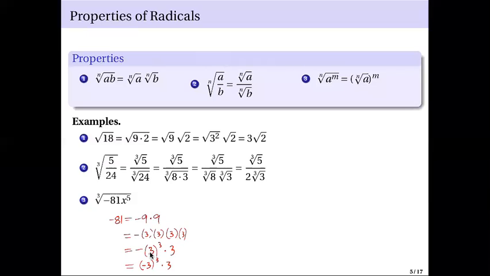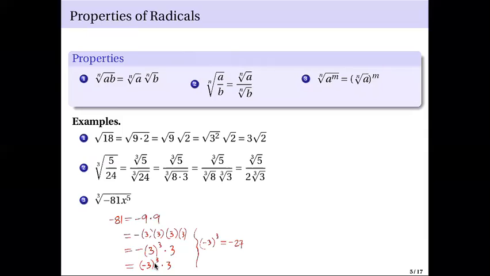Is everyone good? Now, this is what we are targeting: to write negative 81 as negative 3 to the power 3 times 3. But negative 3 to the power 3 is equal to negative 27.